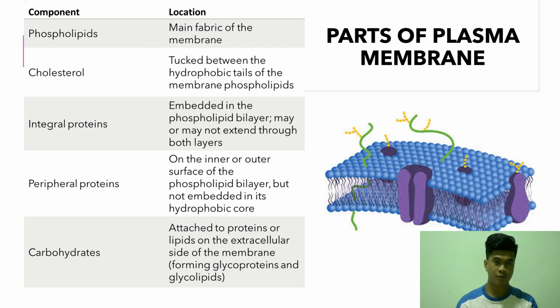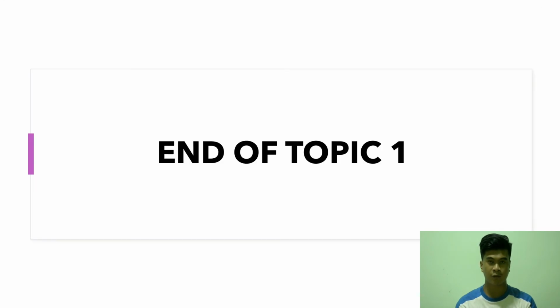Number 2 is cholesterol, tucked between the hydrophobic tails of the membrane phospholipids. Number 3, integral protein, embedded in the phospholipid bilayer, may or may not extend through both layers. Number 4, peripheral proteins, on the inner or outer surface of the phospholipid bilayer, but not embedded in its hydrophobic core.